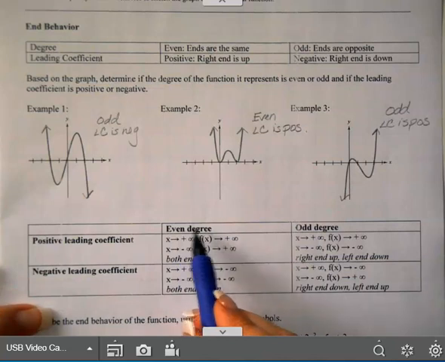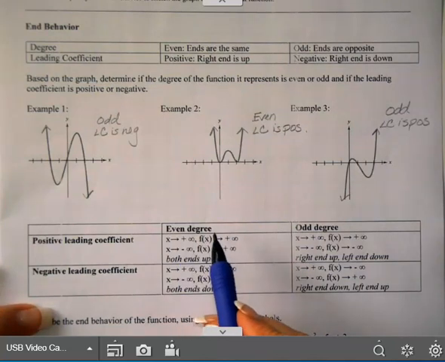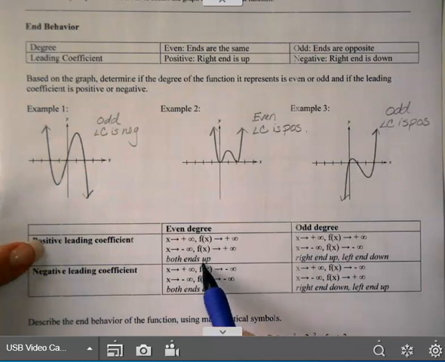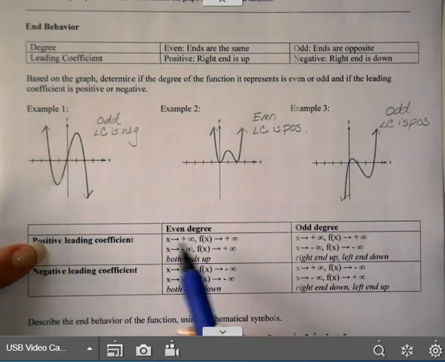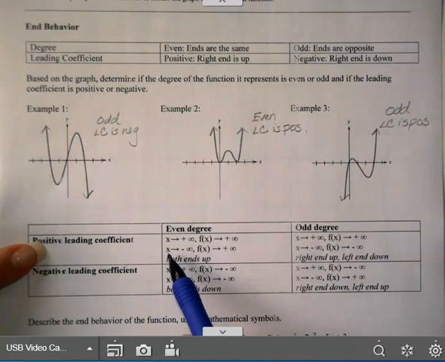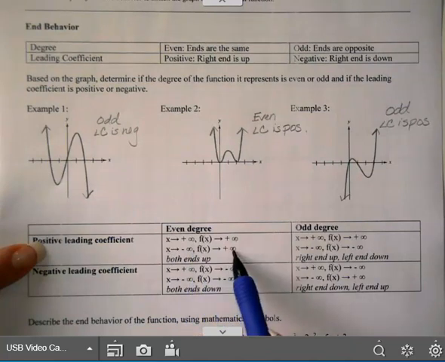So an even degree and a positive leading coefficient means that both ends will go the same direction, and since it's positive, it's going to go up and up. So as x goes to the right forever, so plus infinity, the y values are going up, and as x goes left forever, the y values are going up.